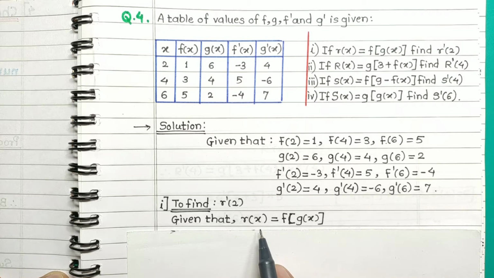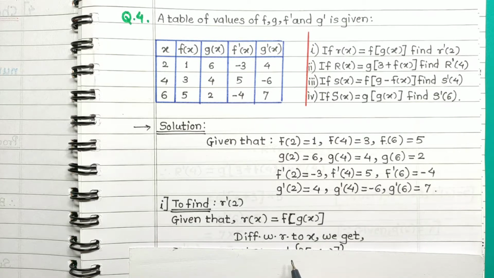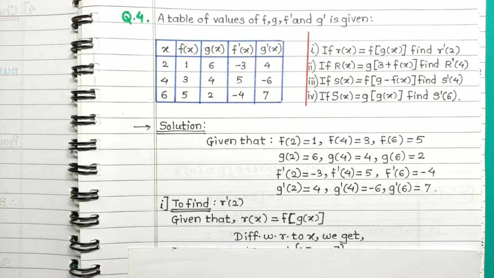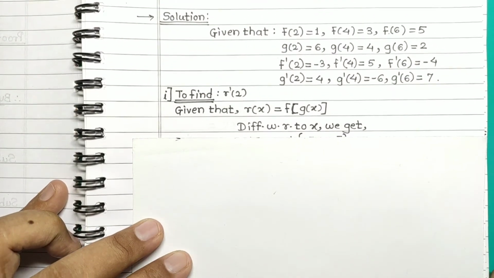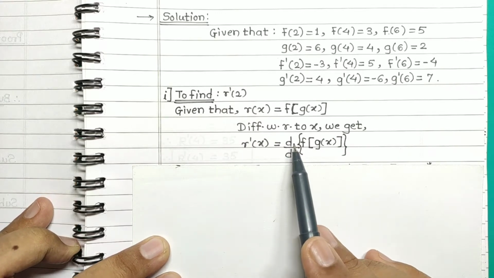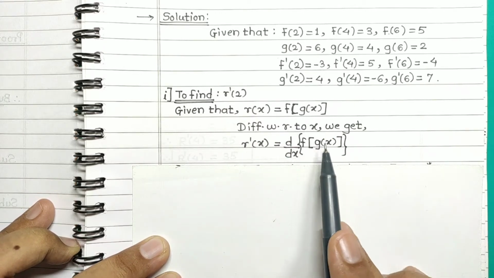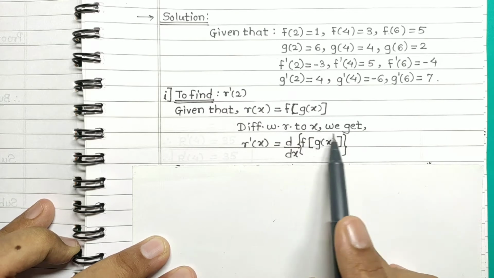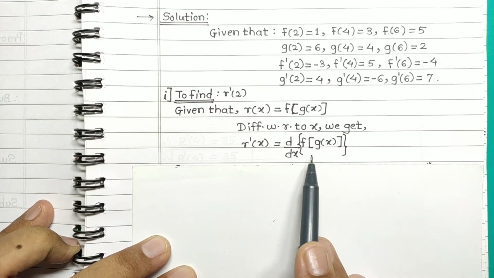So for that, firstly we have to find the derivative of this r function, and for that we have to differentiate this function with respect to x. So differentiating with respect to x, we get r dash of x is equal to d by dx of f of g of x. Note here, it is a composite function.